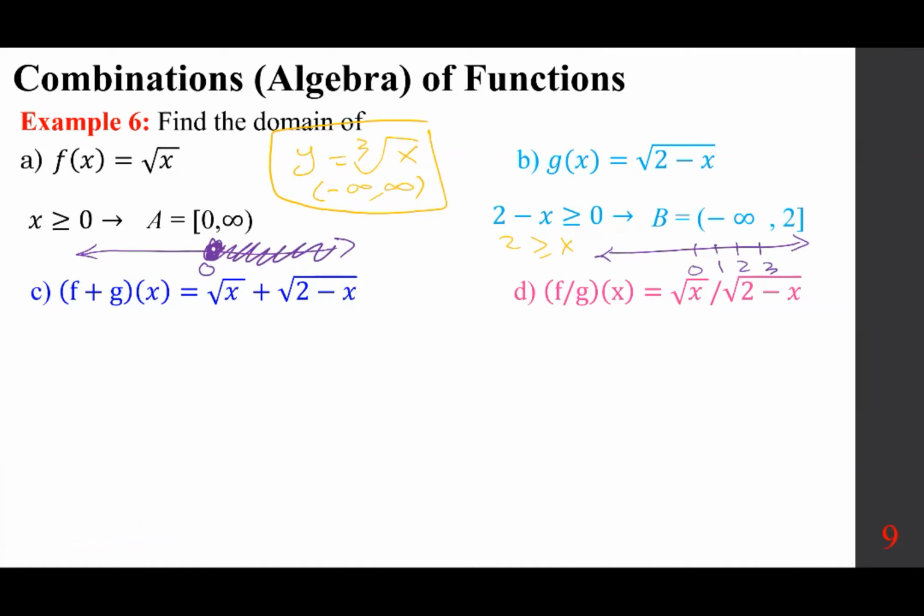And in this case, anything to the left of 2, and 2 is included. So what's in common? 0 to 2, and the endpoints, namely 0 and 2, are both included. That's why we use brackets.